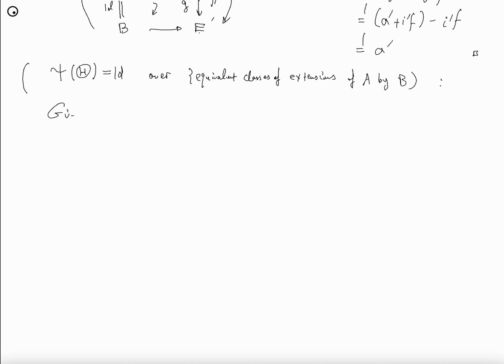So let me give a sketch of this part. Given an extension C, again of A by B, the lifting property of the projective module P gives a map.